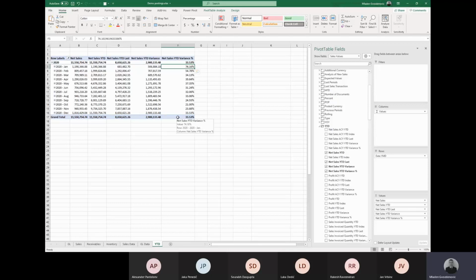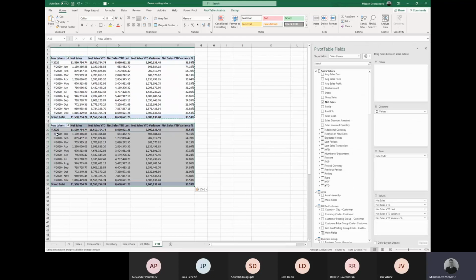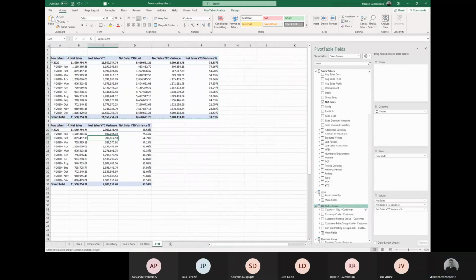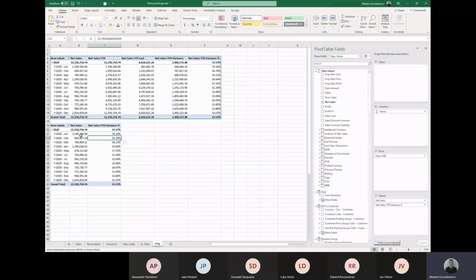So shortly, what I would actually need to run my business would be just net sales and year-to-date variance. It gives me the current information and cumulative comparison with previous year. Okay, so that is just enough.